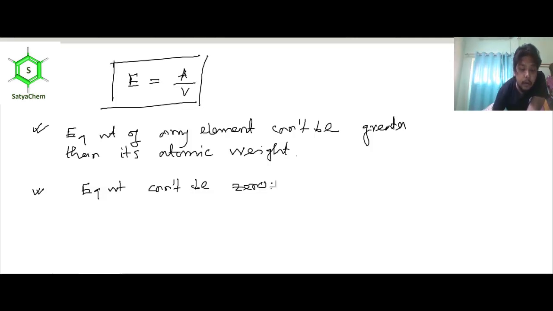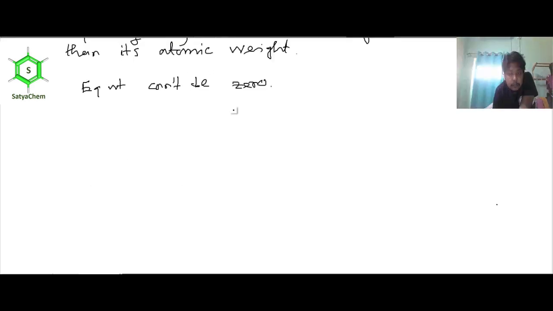Now I will discuss why it is important to study equivalent weight. For this, we'll discuss the importance of equivalent weight in chemical reactions. A chemist starts a reaction by taking reactants in some specific mass ratio.